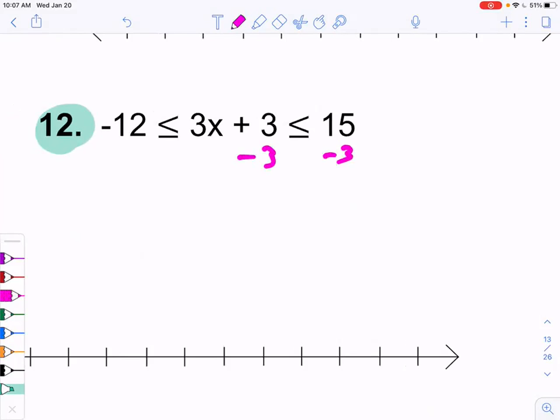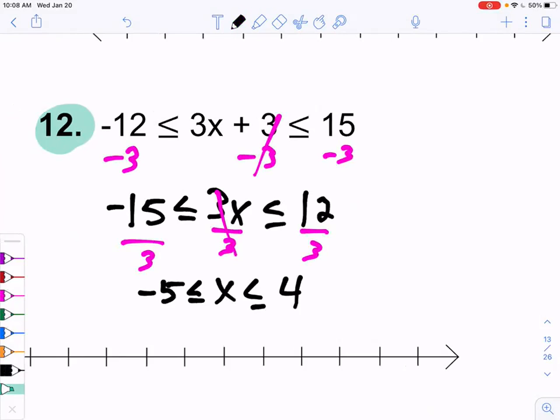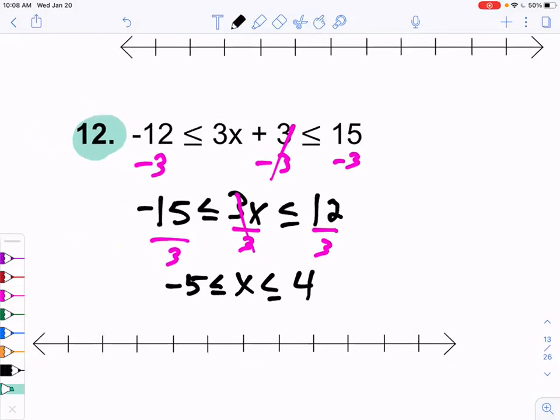You want to subtract that 3 from both sets of inequalities. And in this one, when we divide by 3, you have to do it to both sets. And here is where you see the two numbers.